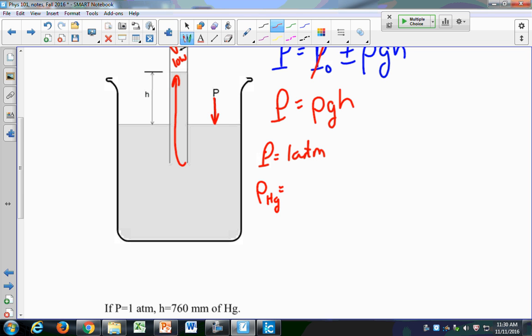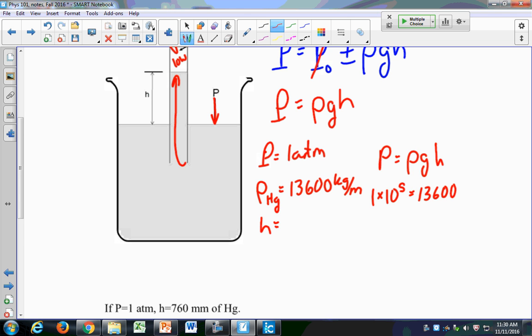The density of mercury is 13,600 kilograms per cubic meter. And I want to know what is H. So P is equal to rho GH. That's 1 times 10 to the 5th is equal to 13,600 times G, which is 10, times H. And solving that, then you get this common number that we see, which is 760 millimeters, or 0.76 meters.